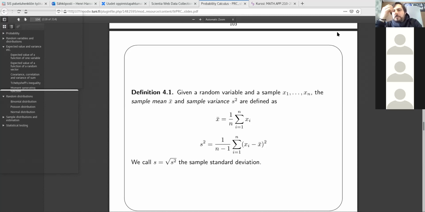Okay, the expected value is a theoretical concept that is related to the model by which we model this random phenomenon. So, for instance, let's say we have some kind of an idea of a normal distribution, which you haven't learned yet, but it doesn't matter.